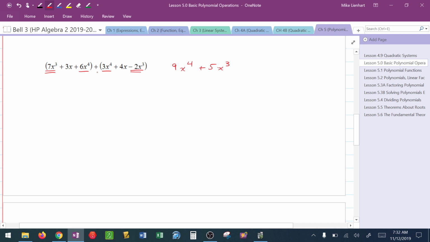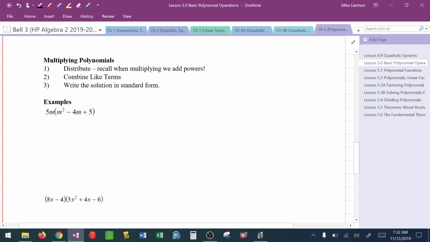Next should be x squareds. I don't see any. Then I have this 3x, or x to the first, and a 4x. 3 plus 4 would be positive 7x. I've taken care of every term in the polynomials, and their sum is this, and it is in standard form.